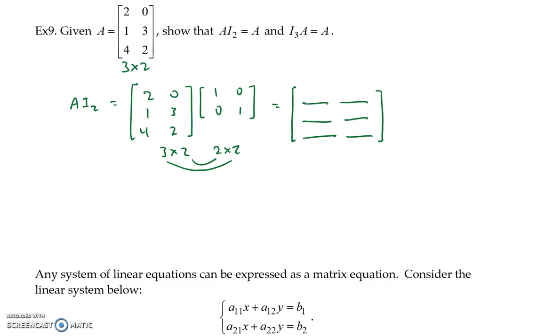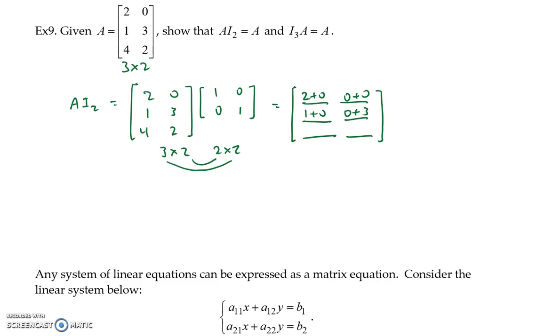If we multiply row 1 with column 1, we would have 2 plus 0. Row 1 with column 2, 0 plus 0. Row 2 with column 1, 1 plus 0. Row 2 with column 2, 0 plus 3.